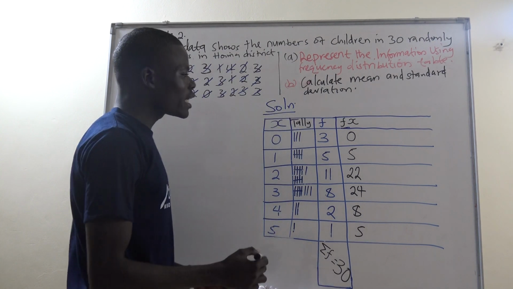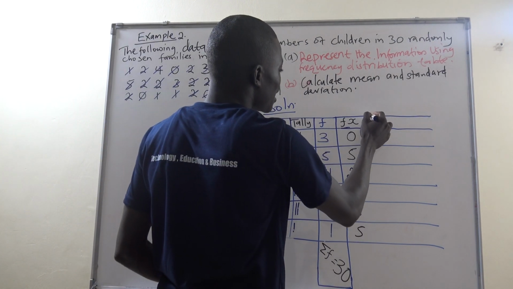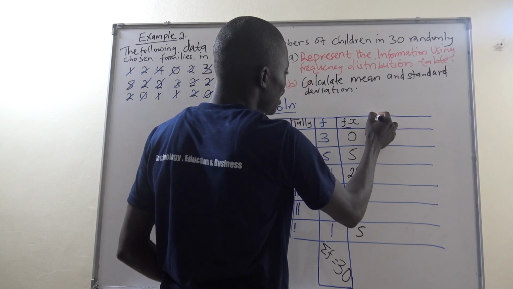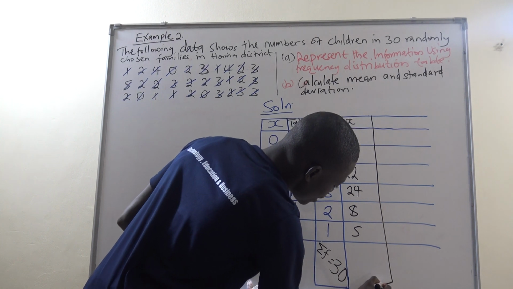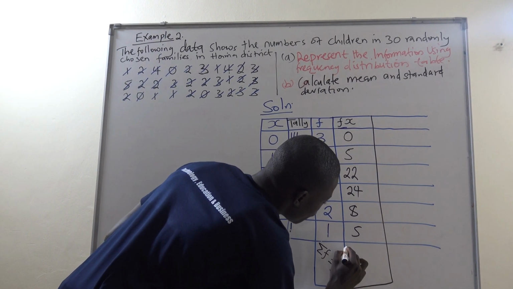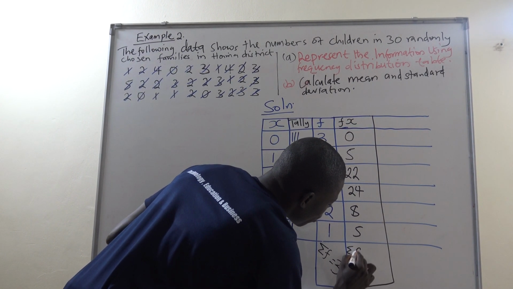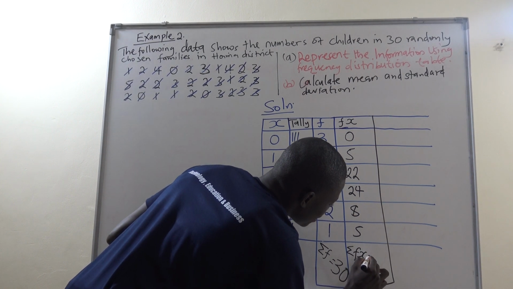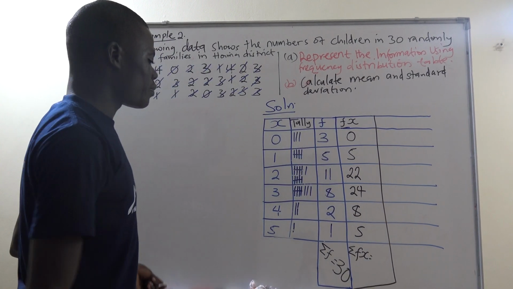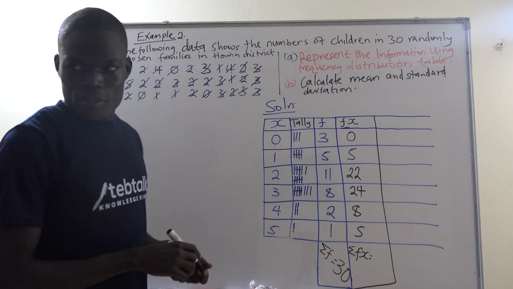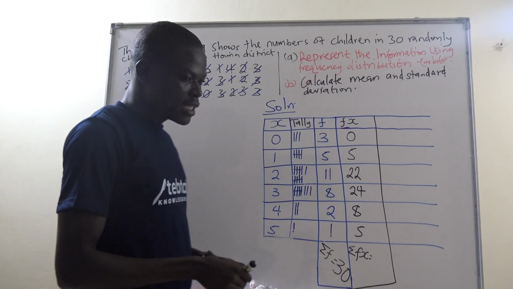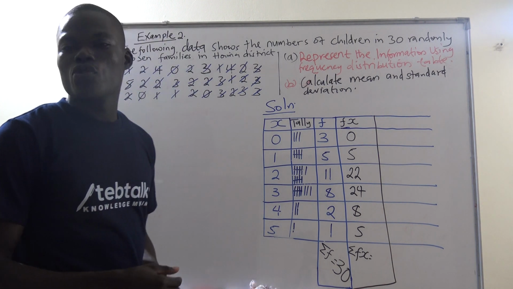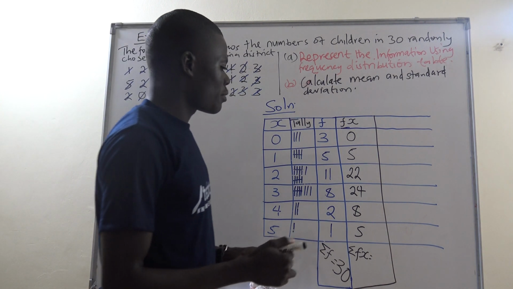What do we need to do next? We said immediately we finish that column, we must get what we need. That is the summation of fx, which is equal to, then you calculate. You can use a calculator, or if you trust your head, you can use your own head.